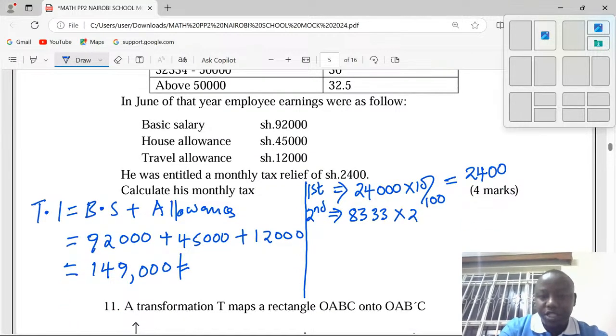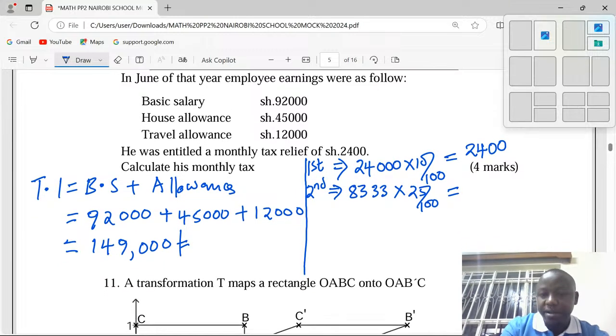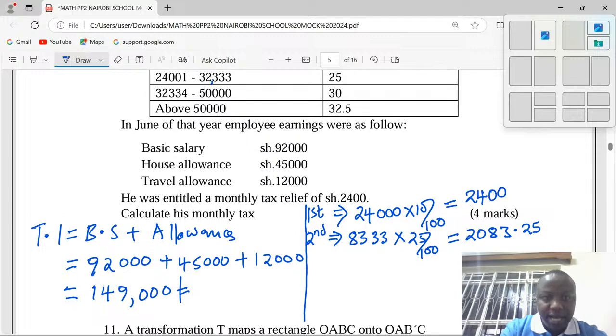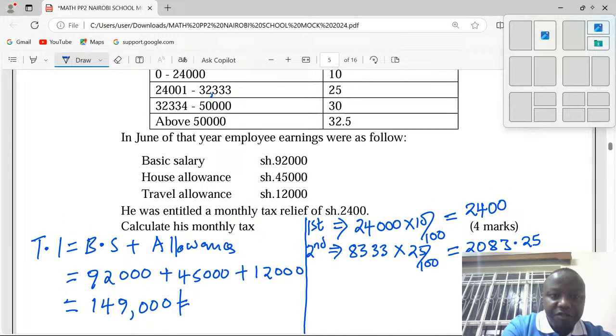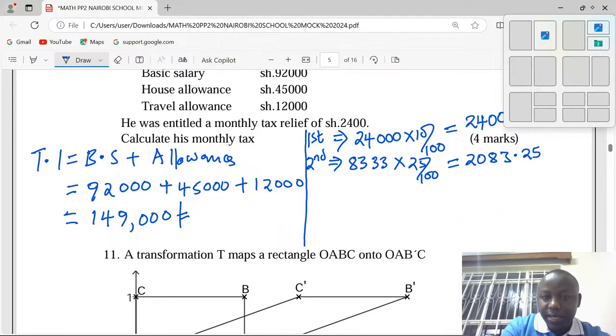At the rate of 25%, we're going to get 2,083.25 Kenya shillings.